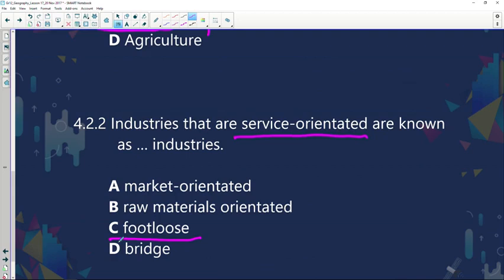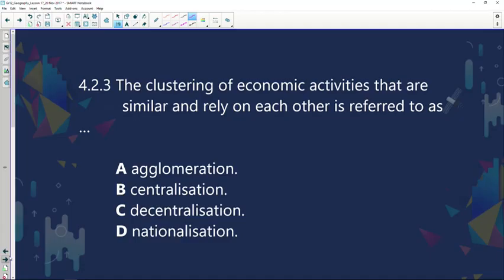The bridge industry is where different transport routes meet. 4.2.3: the clustering of economic activities that are similar and rely on each other is referred to as A, agglomeration. Centralization is where all the businesses are close together, for instance in the CBD. Decentralization is when businesses move away from the CBD.